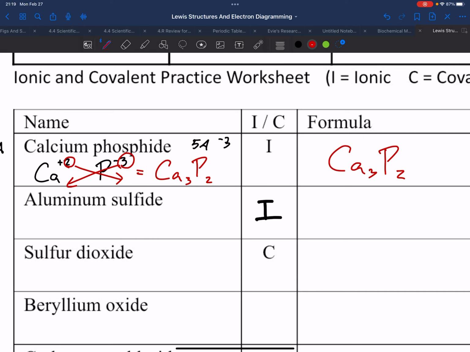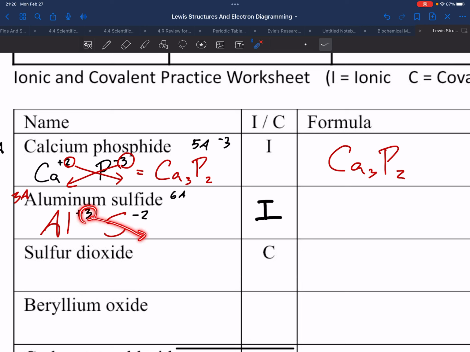Aluminum sulfide, I do the same thing. Aluminum is in group 3A, so it's +3. Sulfide is sulfur, and it's in group 6A, so it's -2. Do the crisscross method again.